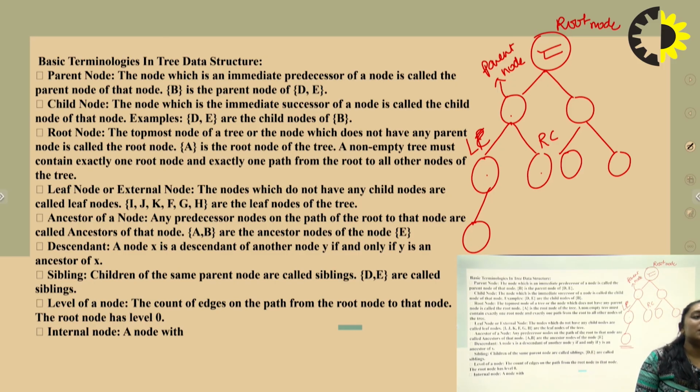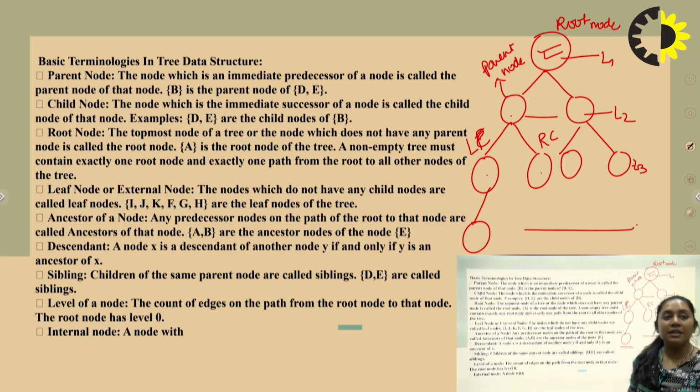Level of the nodes: the root node represents level 1, these two nodes represent level 2, these four represent level 3, and the same continues for levels 4 and 5.